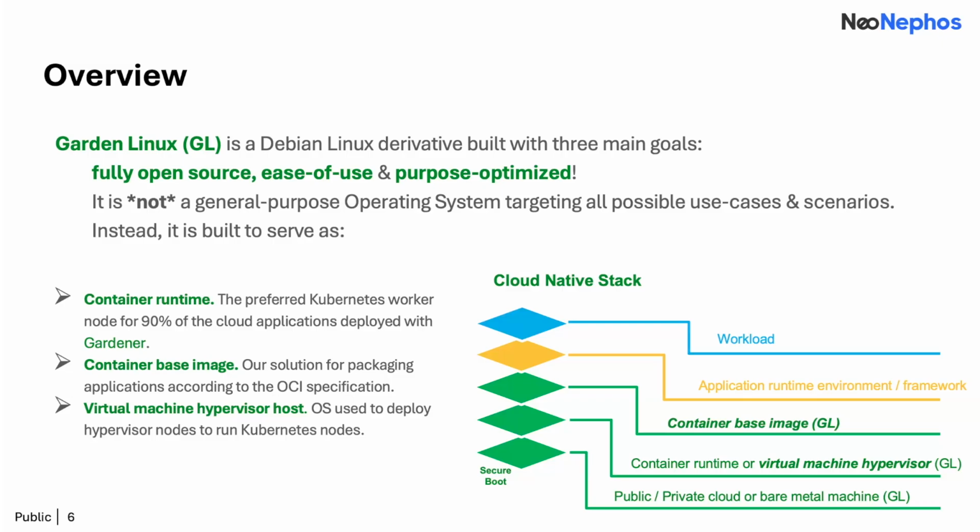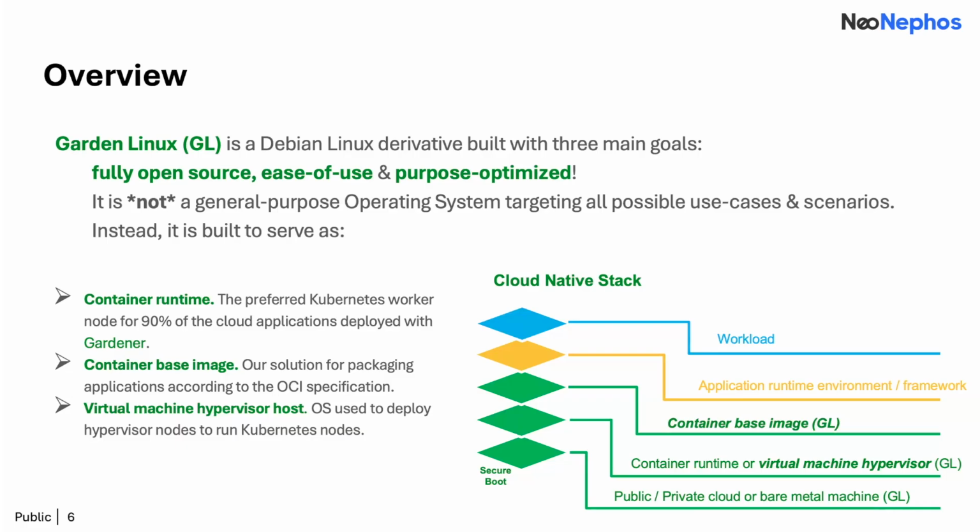A current cloud native stack would look like that you have a bare metal machine or something, or a private cloud or a public cloud provider on the bottom, and you have probably a hypervisor on top. And then you have another machine with a container runtime. I mean, this part with a hypervisor can be skipped. And you also have on top then some applications, maybe with a container base image.